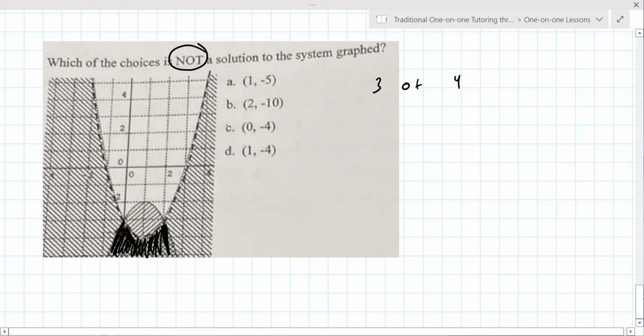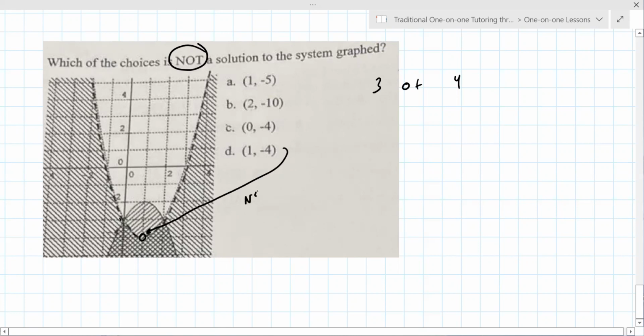So they're saying, well, which one is for sure not in this region? And the other thing they're making more difficult is this dashed line. So this 1, minus 4 is on a dashed line.